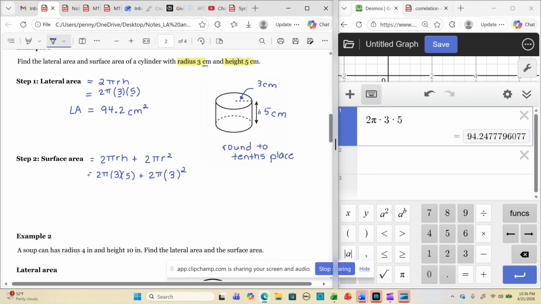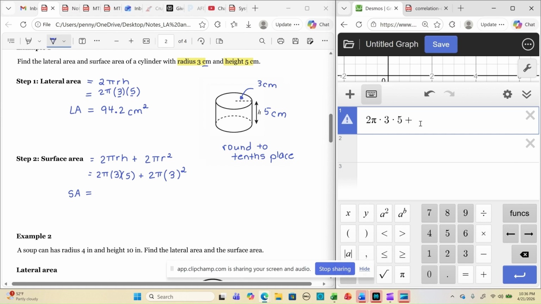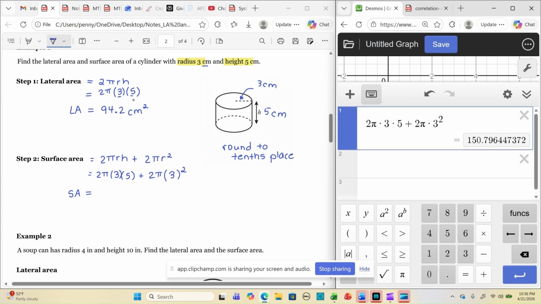Now the good news is I did not delete anything over on my Desmos calculator, so I can actually go over here and say plus 2 pi times r squared. In this case, that's 3 squared. And then round to the tenths place, I get 150.8 centimeters squared.